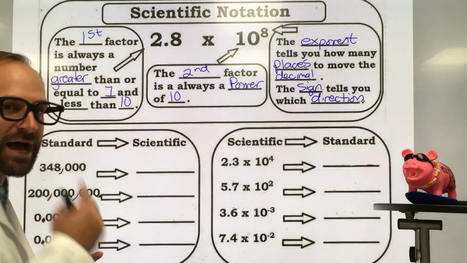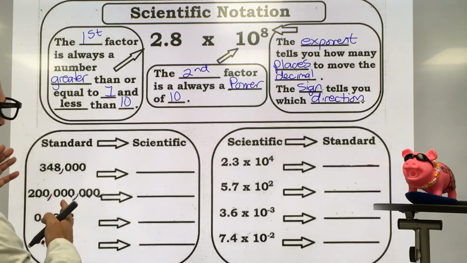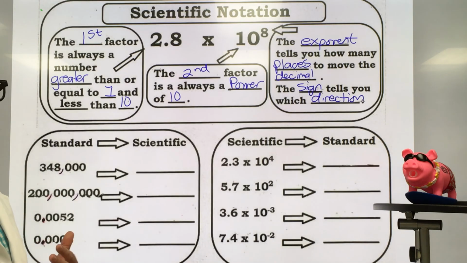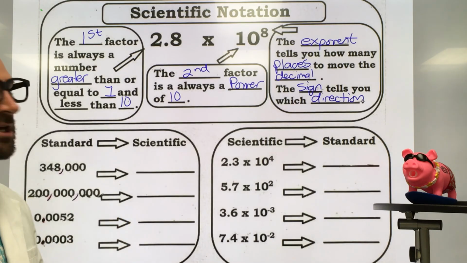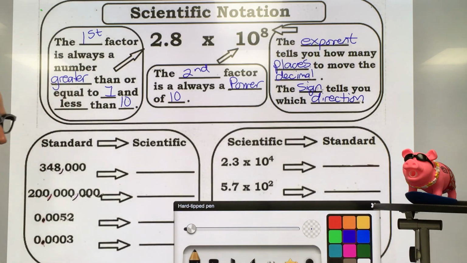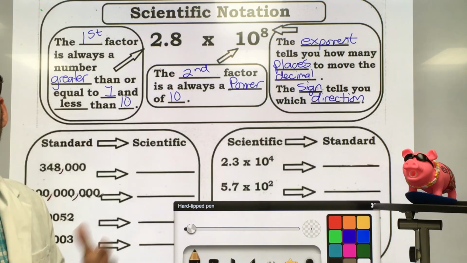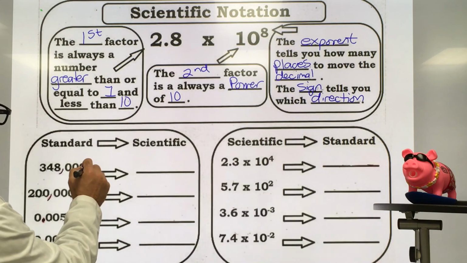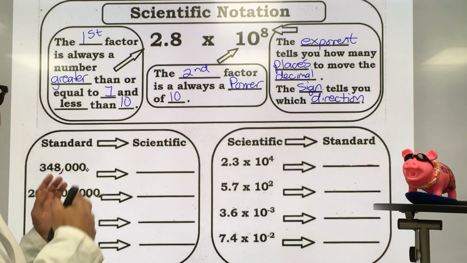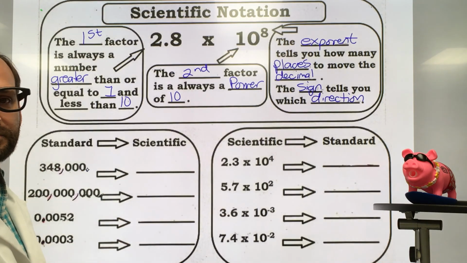We're going to start by converting numbers that are currently in standard notation, just regular notation, into scientific notation. So we've got to create our two factors. So 348,000. The first thing we need to understand is currently where is the decimal? Is there a decimal? Yes, it's invisible, but it is to the right of that last zero.